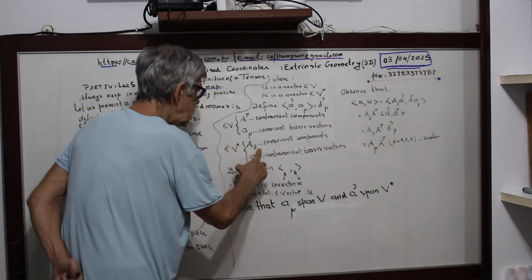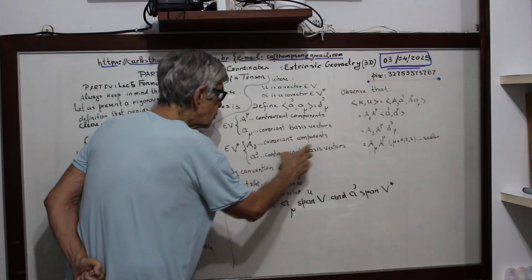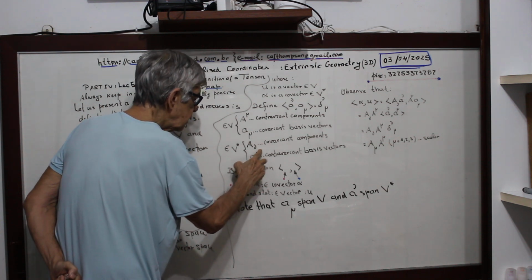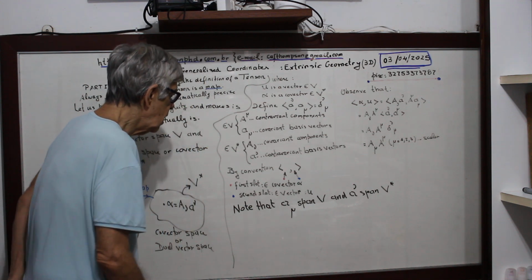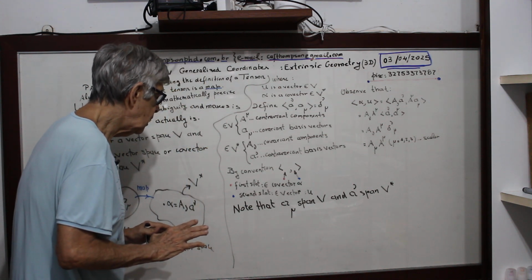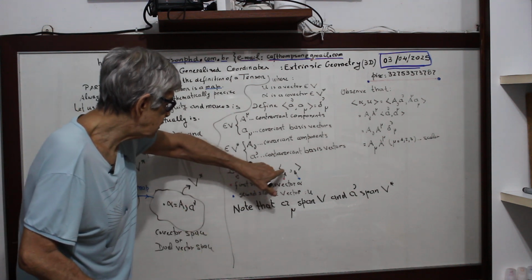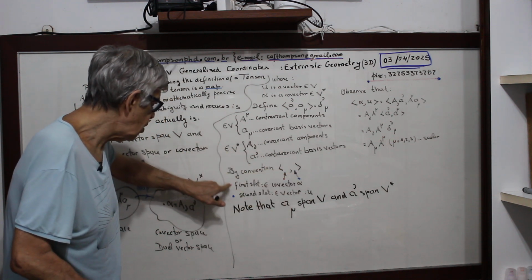Okay. A lower index nu in this case is covariant components. A nu the upper index contravariant base vector. Okay. Now pay attention that by convention this I call first slot and this is second slot.